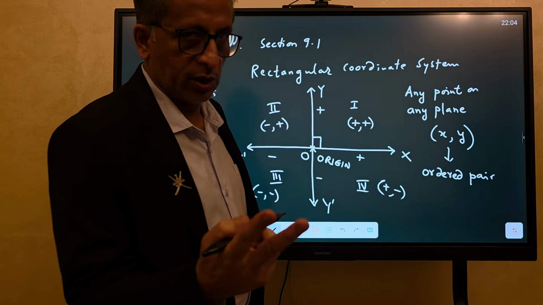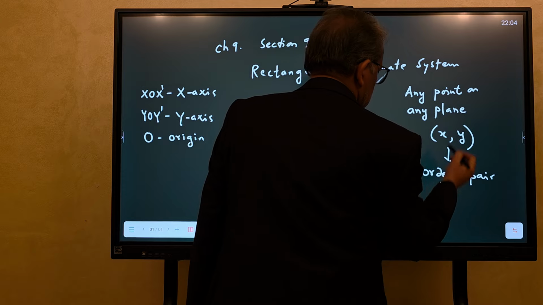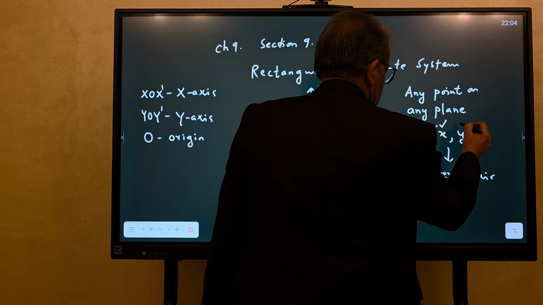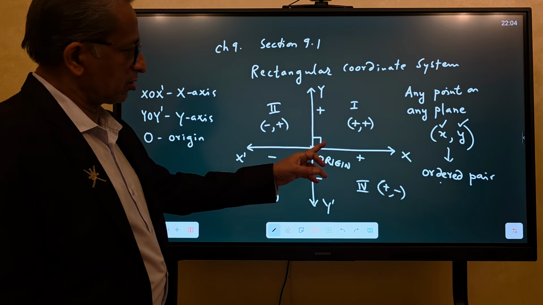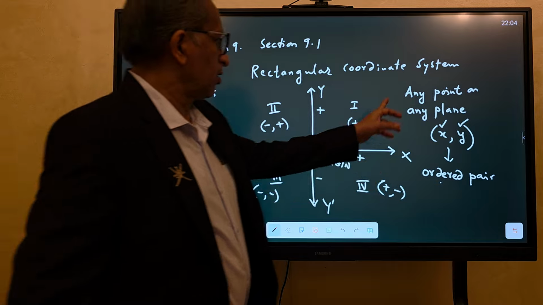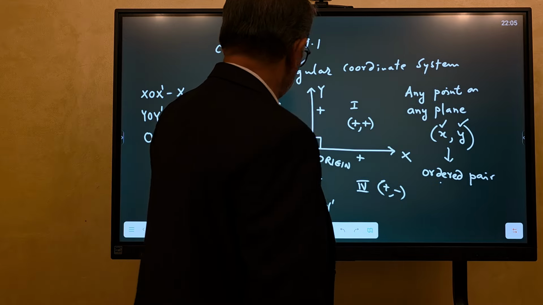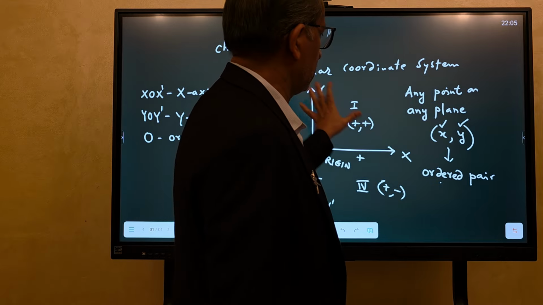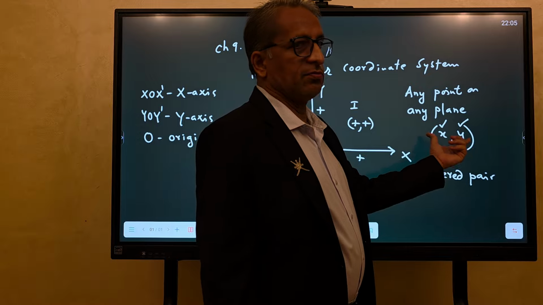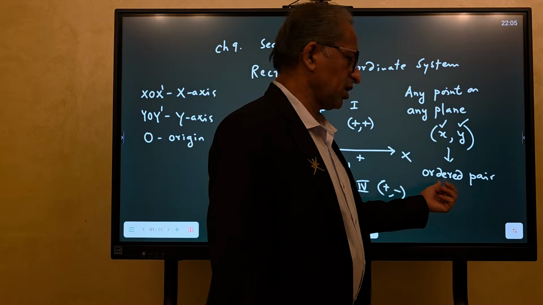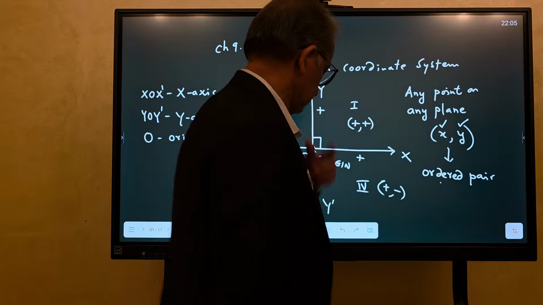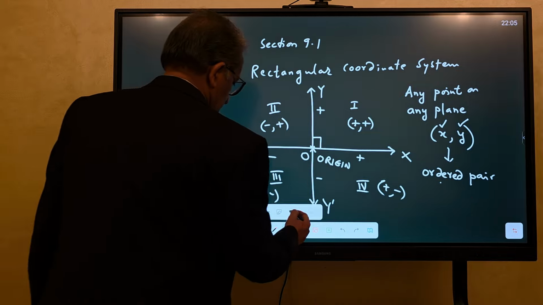Pair means two in number. Order means the first is x, the second is y. This is the rule. That is why it is called an ordered pair. So any point in any quadrant or plane is always given by two numbers which are ordered. Let's take an example here.